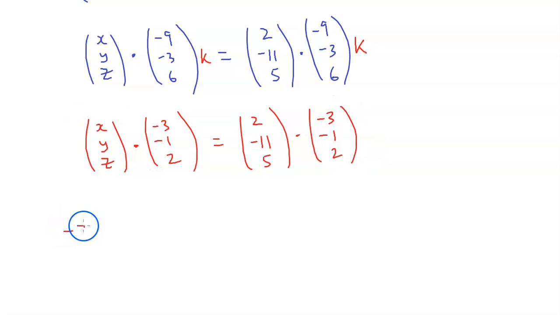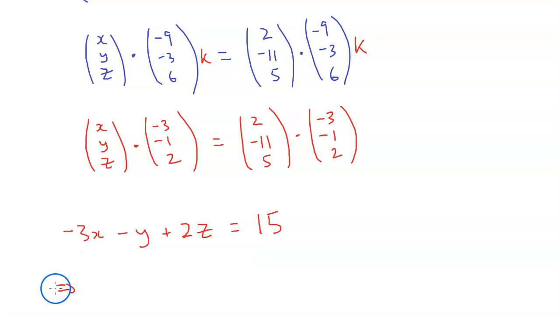And from there we get -3x minus y plus 2z is equal to 2 times -3 is -6, plus -11 times -1. So -6 plus 11 makes 5, plus 5 times 2 is 10, so 5 plus 10 makes 15. So that is one Cartesian equation of our plane.